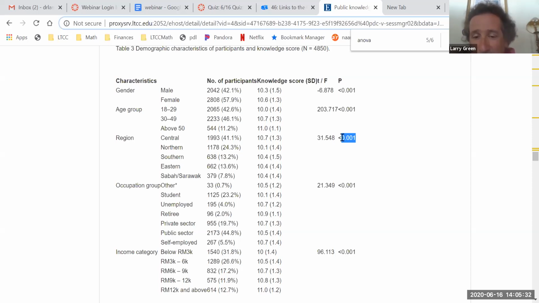So if you have a very small p-value, what's the conclusion? Reject. And there is statistically significant evidence to support the claim that region is a factor in knowledge about COVID-19. Is that clear?